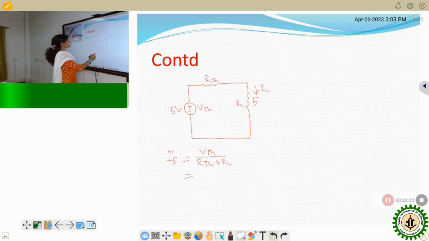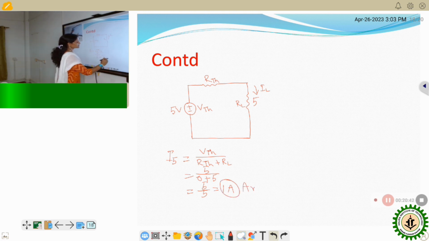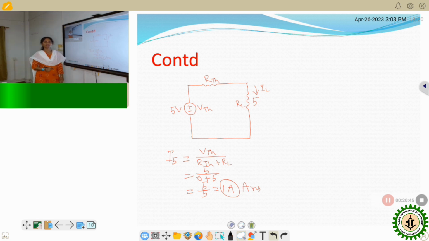As here VTH is 5, it is 5 by 0 plus 5, so it will be 5 upon 5, and that will be equal to 1 ampere. This is the current through the 5 ohm resistor.